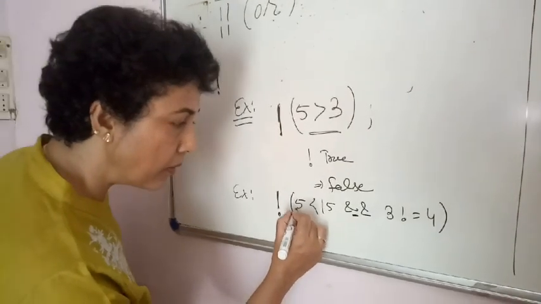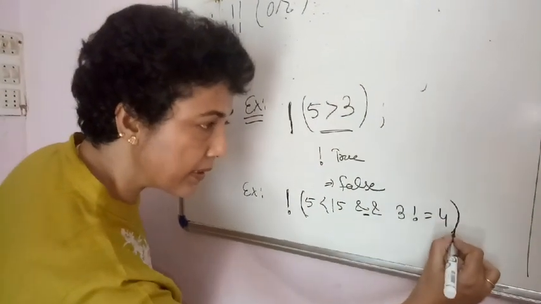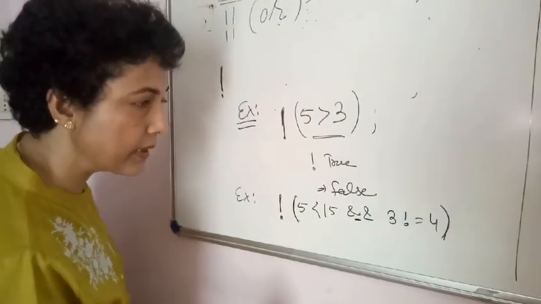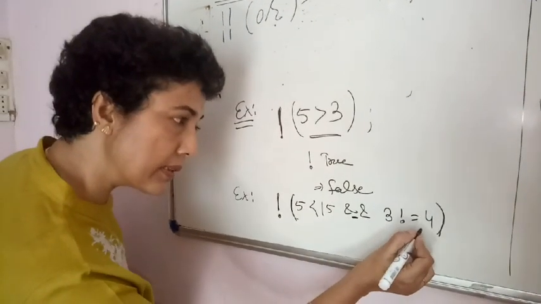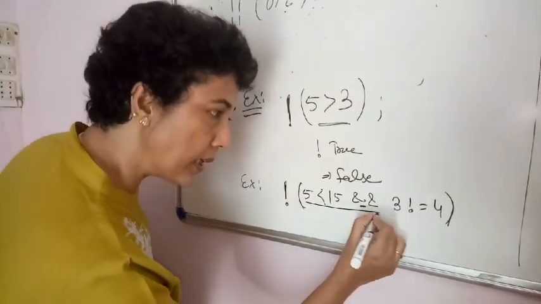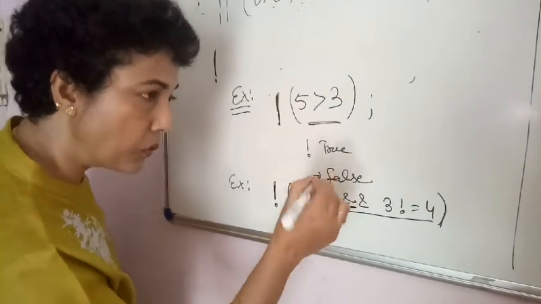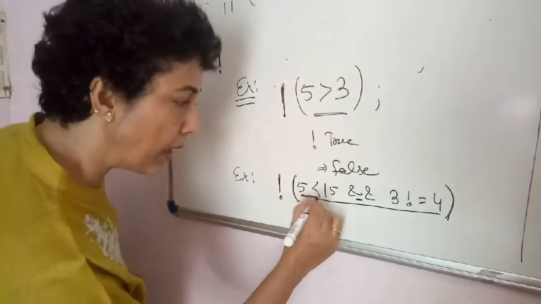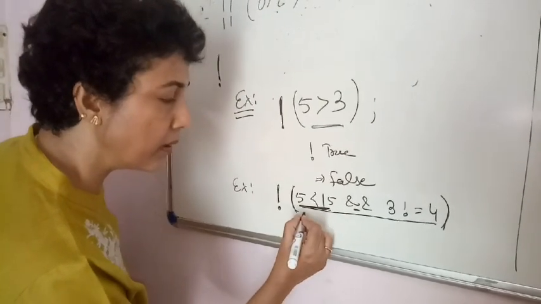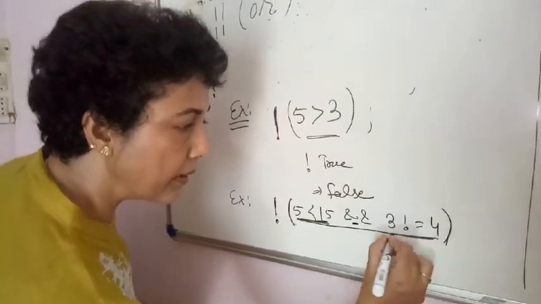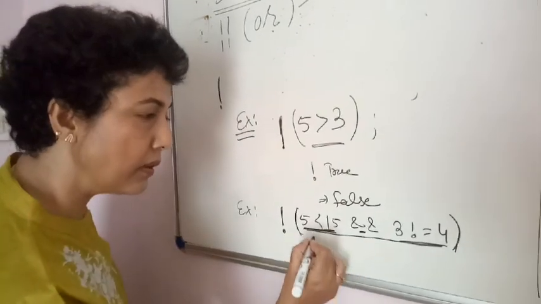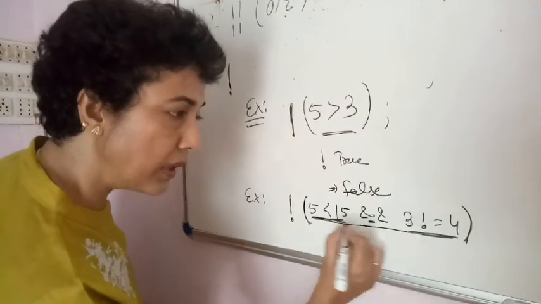First of all, I will solve the expression that is given in the parenthesis. Inside the parenthesis, this is a logical expression used with the AND operator. To get the answer, first I have to solve this relational expression, and this is another relational expression. I have to find the answer of these two.